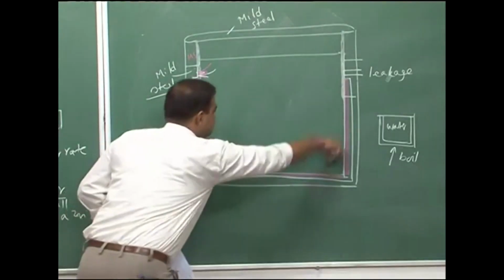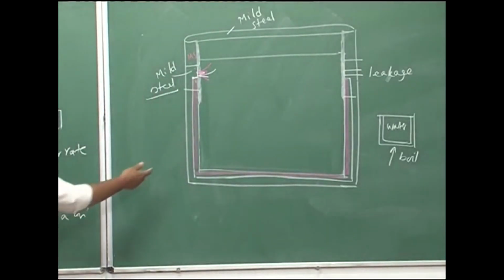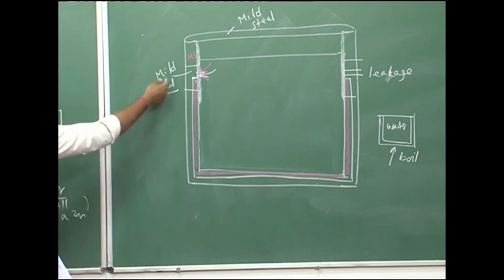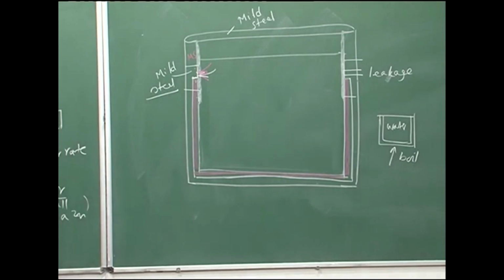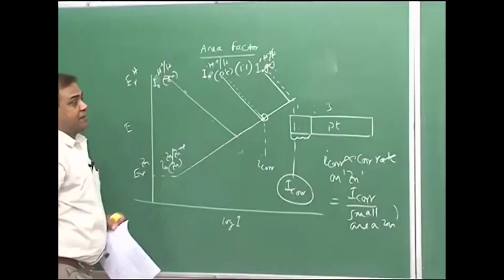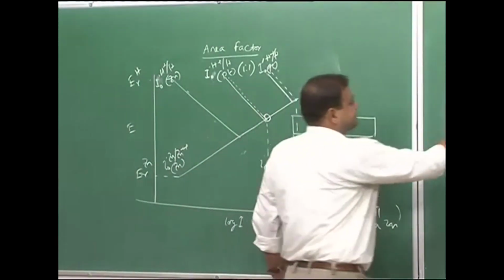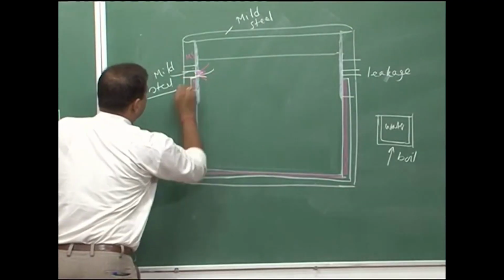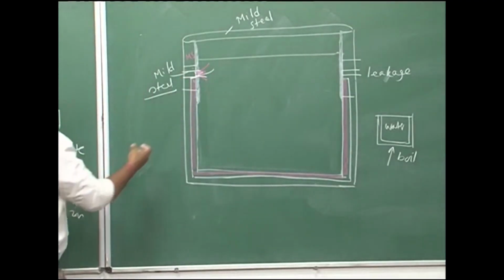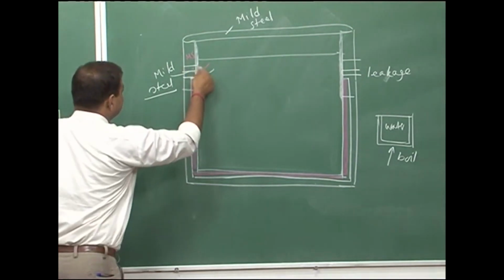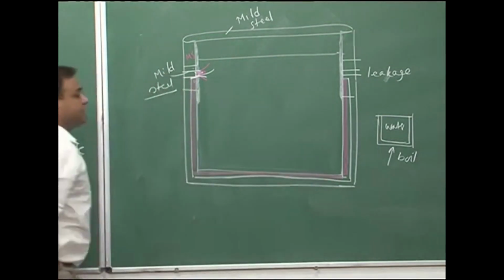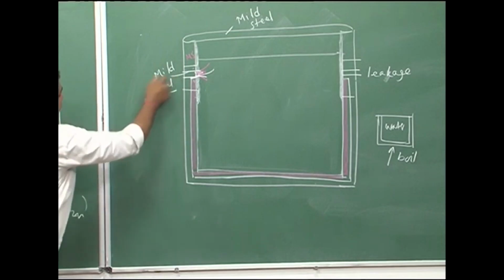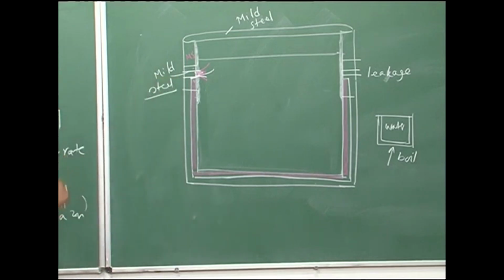Since we have a large cathodic area and a very small area exposed to the corrosive, the rate of corrosion at this zone would be manifold, and gradually this will dissolve and there would be leakage. This is happening because we have a large exposed cathodic area and a very small anodic area. Now, how would we protect it?